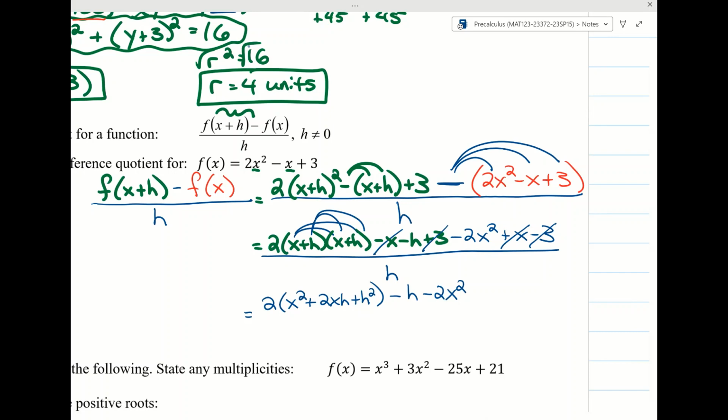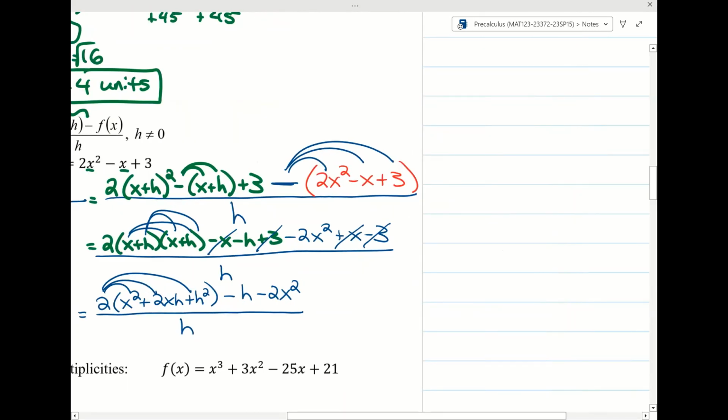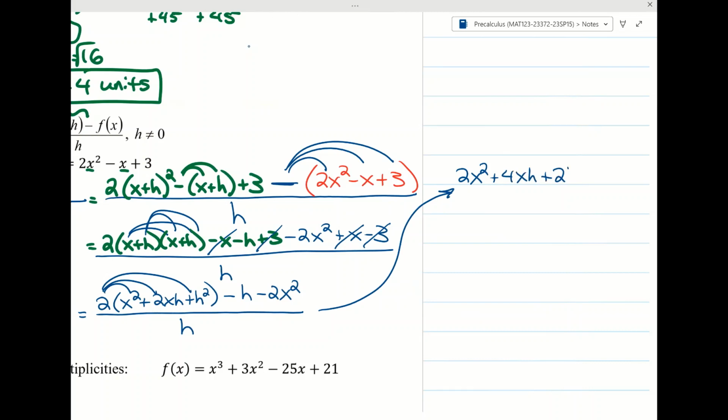And you just have to make sure you're careful because there's a lot of moving parts here. All I'm doing is distributing and combining like terms.